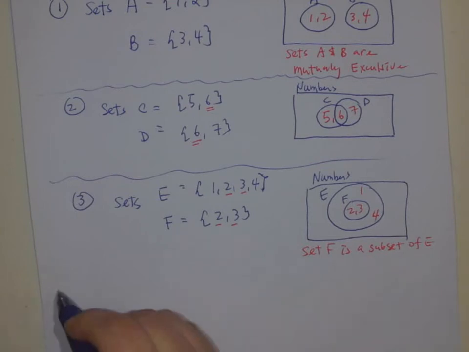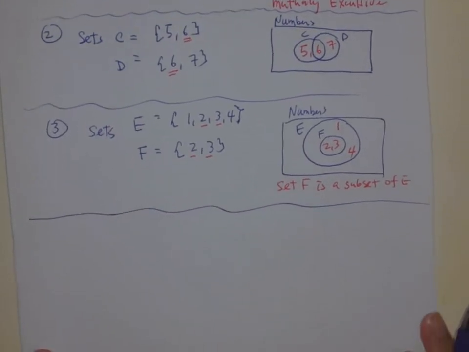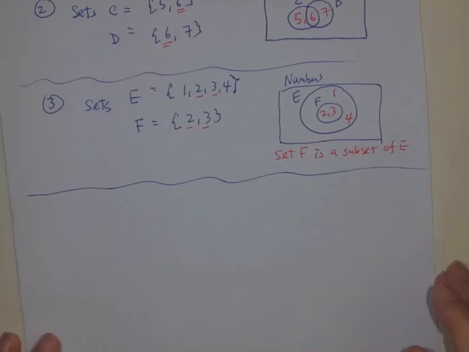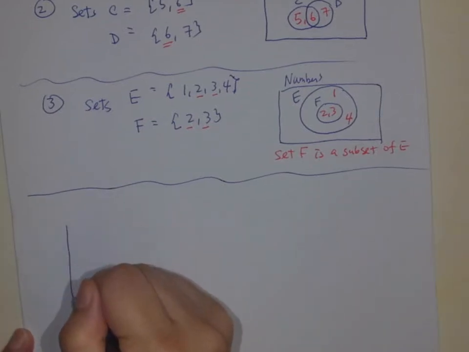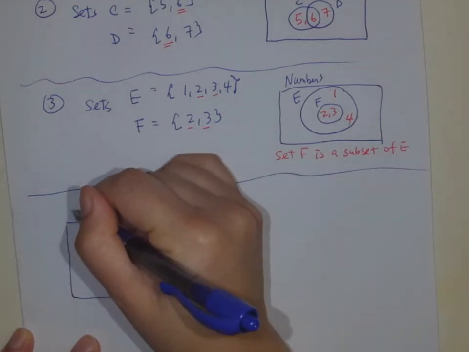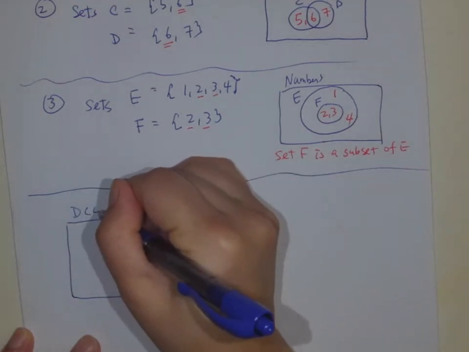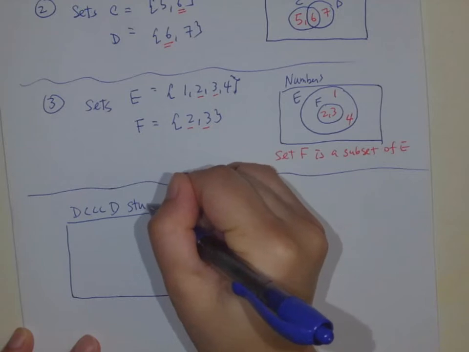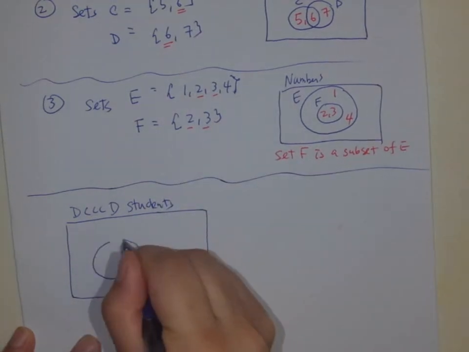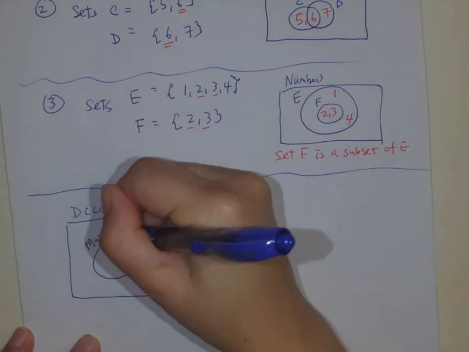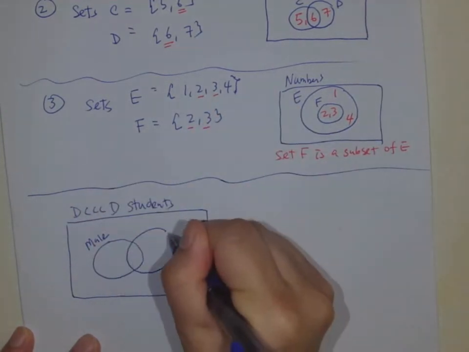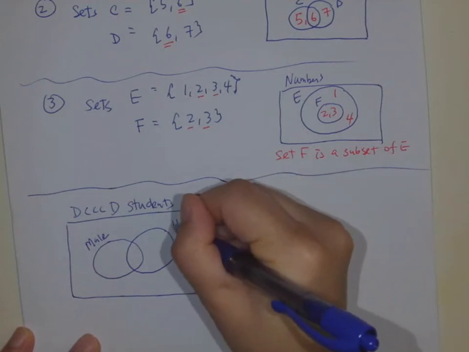Alright? So let's put in something that may make more sense. Let's say this universal set in this rectangle is representing the DCCC students. The first circle represents male students, and the second circle represents having a car.